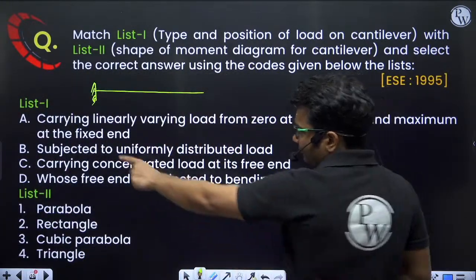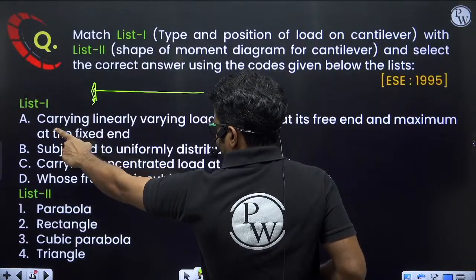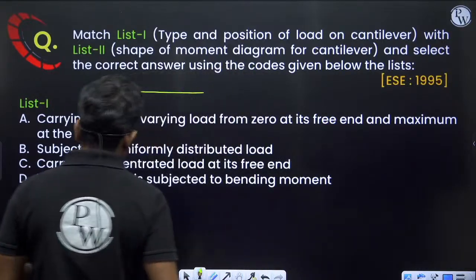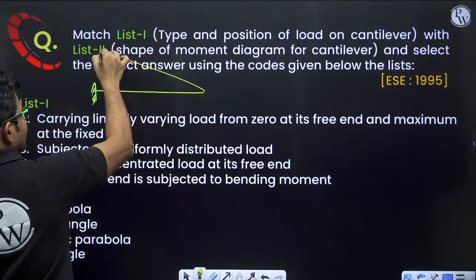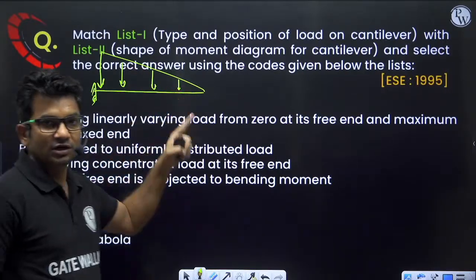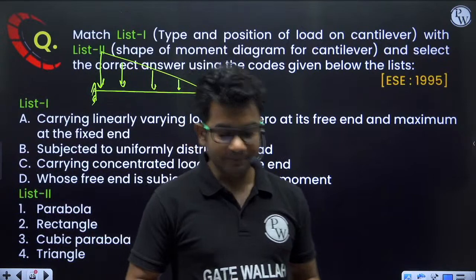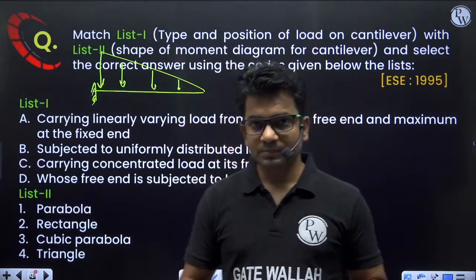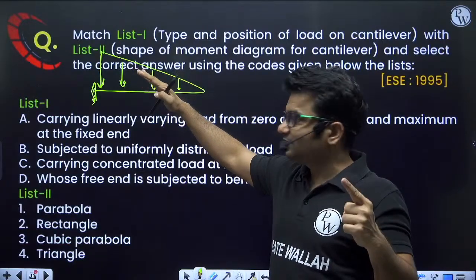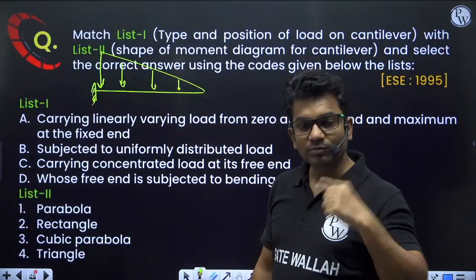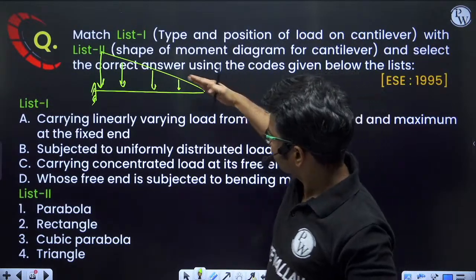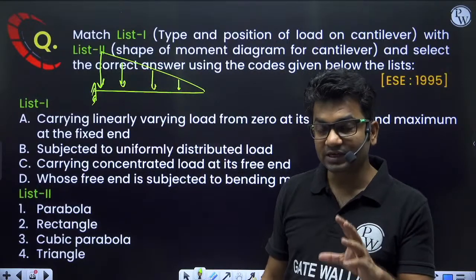Okay. So if my cantilever beam is carrying linearly varying load, 0 at its free end and maximum at the fixed end, like this. So what will be the shape of the bending moment diagram? One thing you must know, the shear force diagram will be 1 degree higher than the loading diagram, and the bending moment diagram will be 1 degree higher than the shear force diagram. So if this is a straight line, that means it is linear.